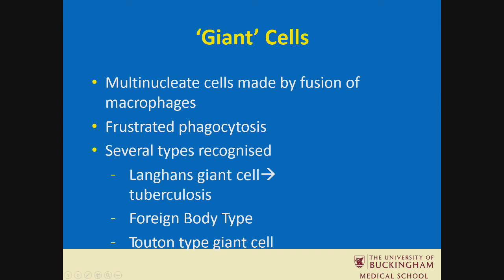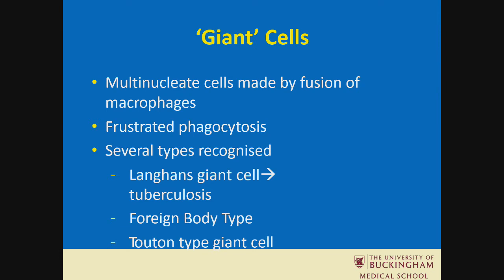They are big cells with multiple nuclei and they are formed by the fusion of macrophages. When the organism is difficult to digest or kill, they form giant cells. Or when the phagocytosed particle is insoluble, like keratin, histiocytes fuse to form giant cells.